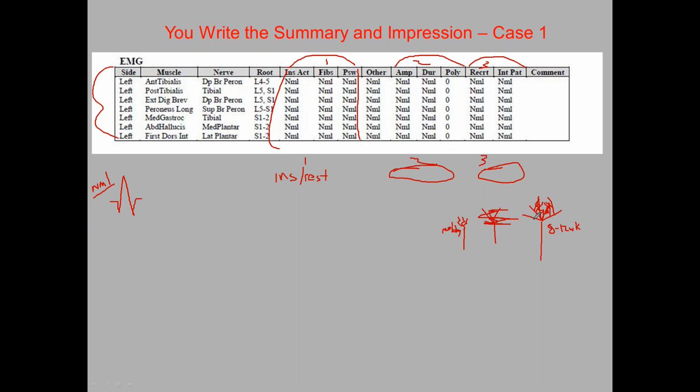So while axonal regeneration at a millimeter a day will occur, we're not going to see it in an EMG. We're going to see evidence of collateral sprouting unless we see a complete lesion where there aren't any axons left to collaterally sprout. Does that make sense? Yes.